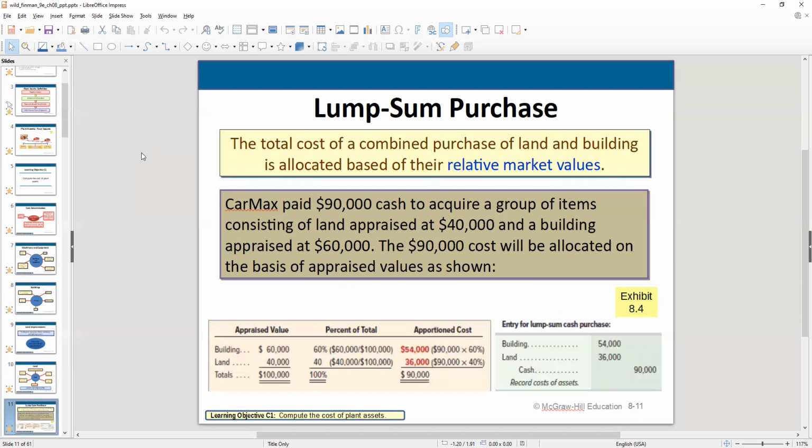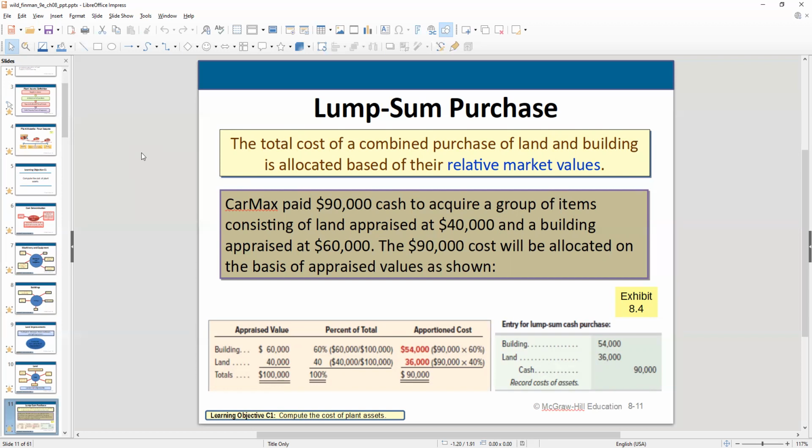So in our first example, CarMax paid $90,000 cash to acquire a group of items consisting of land appraised at $40,000 and a building appraised at $60,000. We have to break out the $90,000 cost based on the appraised values. So we take the appraised values, list them on our chart, add them together, and it comes to $100,000.